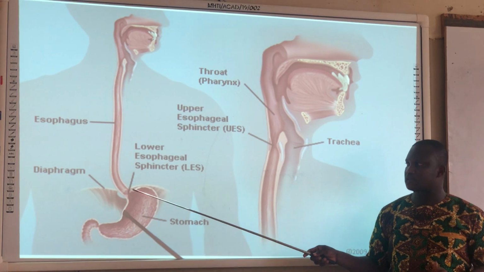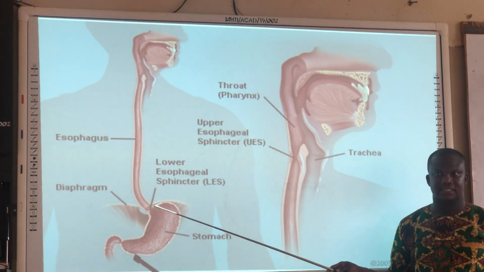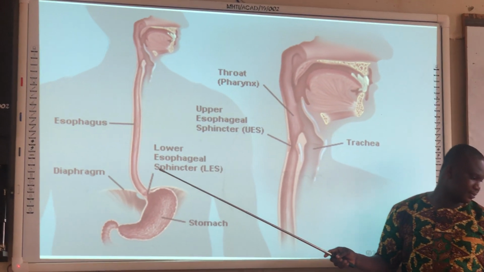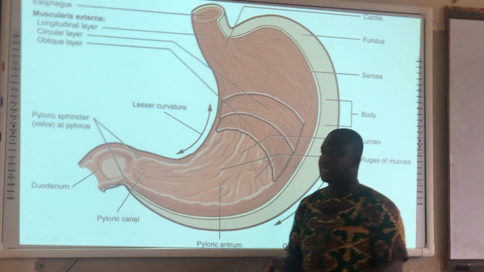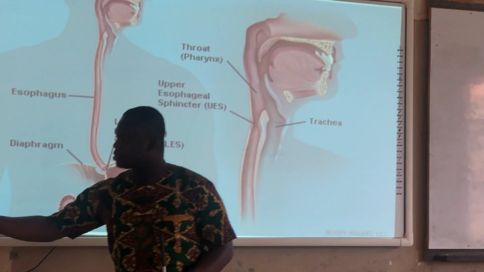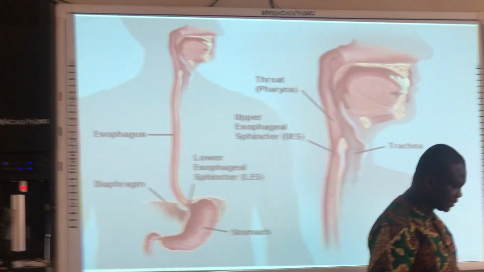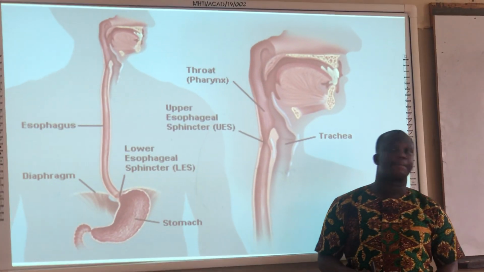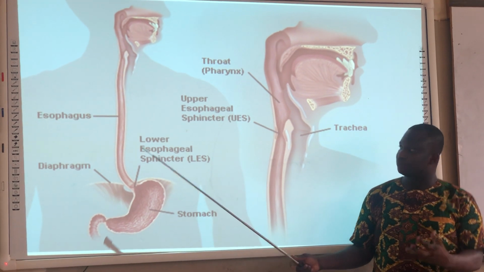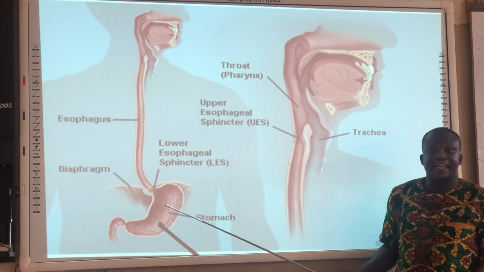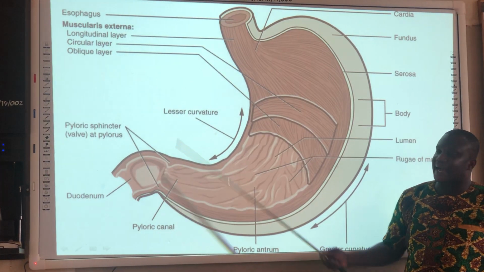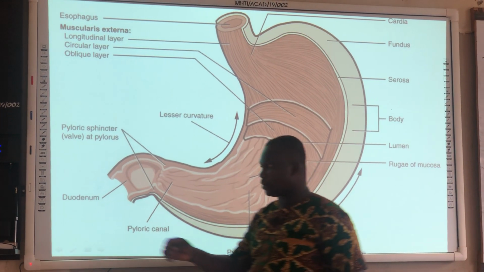Another name for the lower esophageal sphincter is the cardiac sphincter. As you all know, it is a sphincter, and the sphincter constricts, and the constriction prevents regurgitation, or prevents food that is already in the stomach from going back into the esophagus.